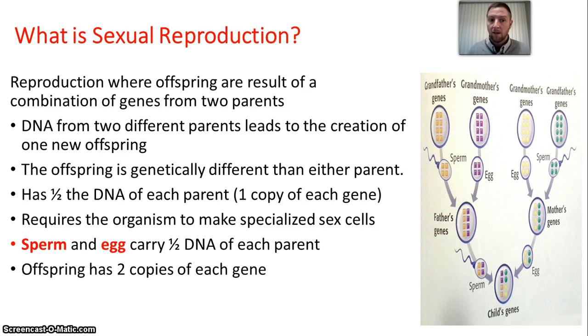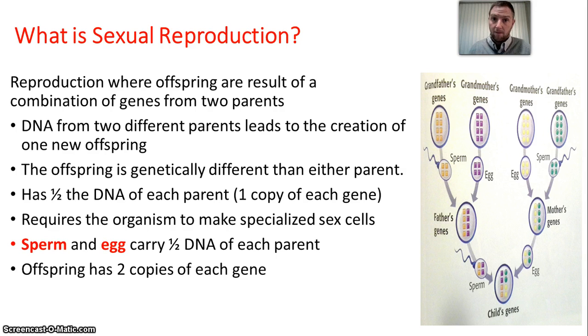But each organism, even twins, is a combination of their mom's DNA and their dad's DNA. How does this happen? Well, each parent donates one complete set of their DNA. Now they have two copies of each gene, so they give one copy through a specialized sex cell. You need to have specialized sex cells in order to sexually reproduce.